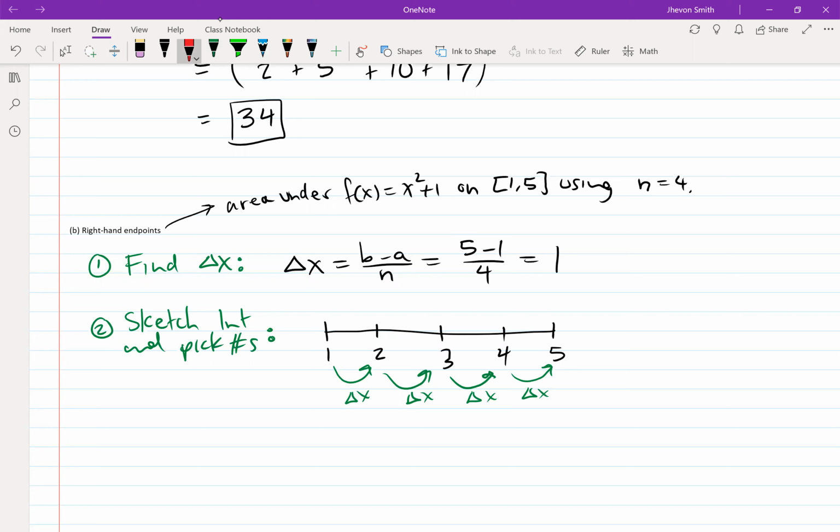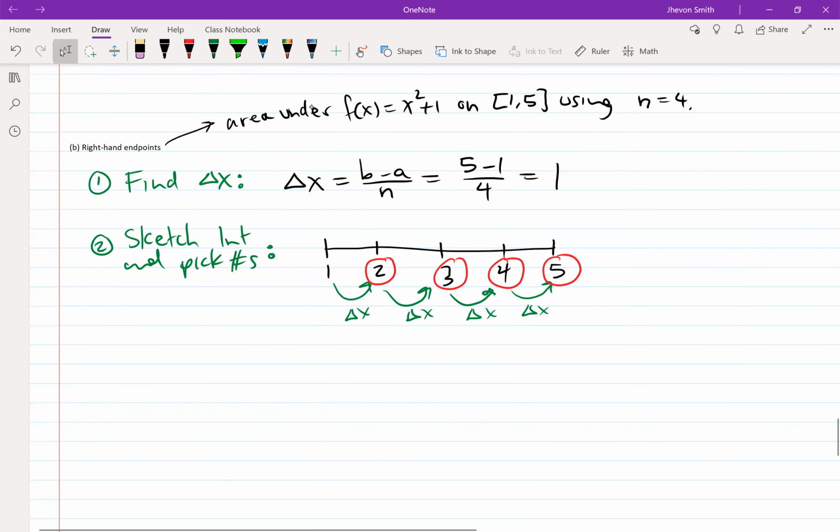Then I want to pick the right numbers. Pardon the pun, but we want the numbers on the right. 2, 3, 4, and 5 are the right numbers, because on the first subinterval between 1 and 2, 2 is on the right. On the second, between 2 and 3, 3 is on the right. On the third, between 3 and 4, 4 is on the right. On the fourth, between 4 and 5, 5 is on the right. So the numbers I picked here are 2 through 5.